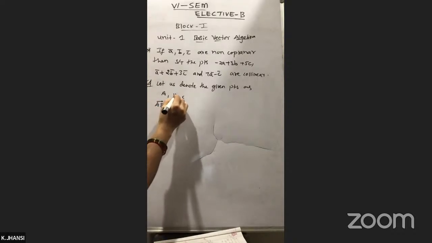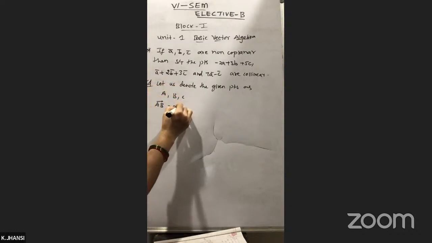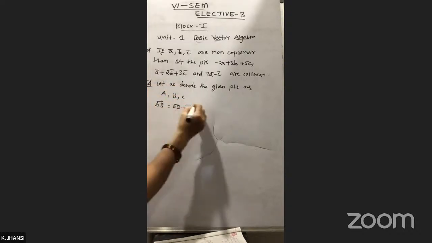So then if you find the AB vector, it is equal to OB minus OA, where OB and OA are position vectors. Okay. So in the sense, whatever we have taken here as A, B, C, those are position vectors: this is OA, this is OB and this is OC.